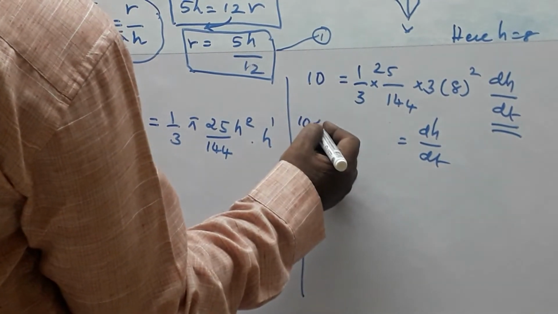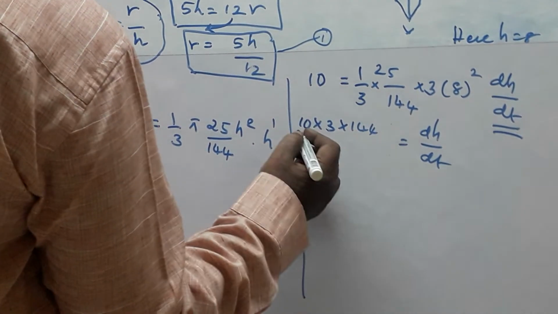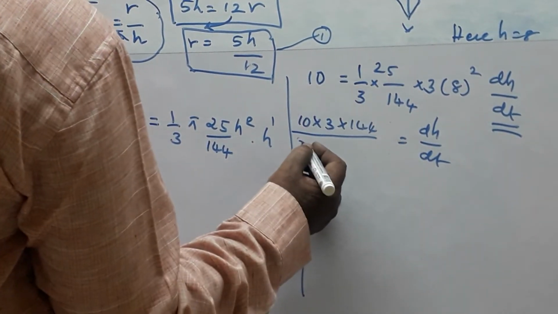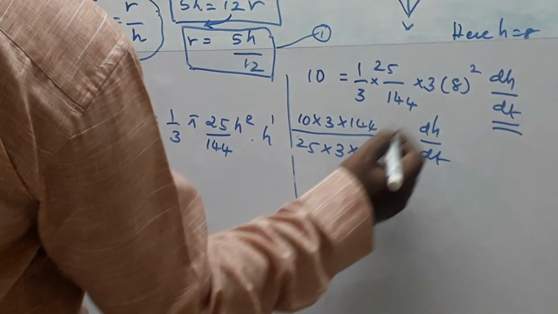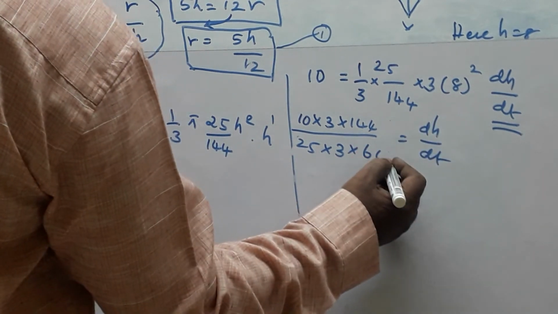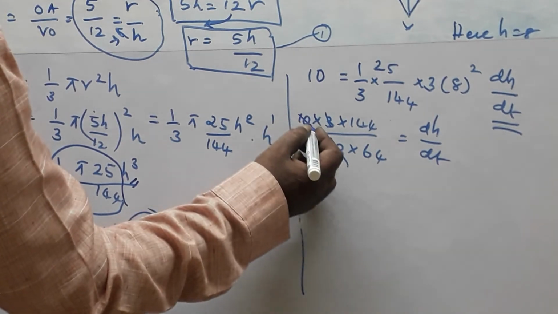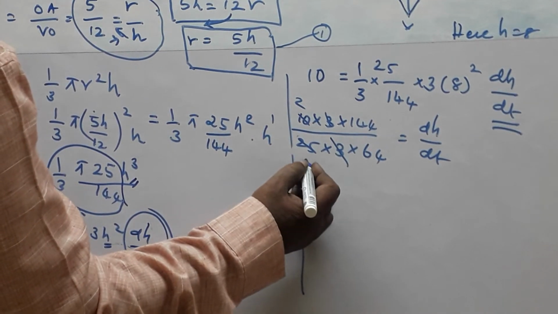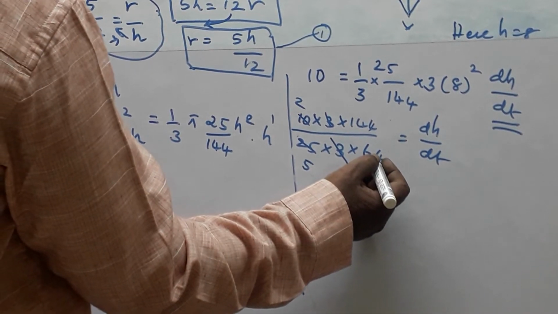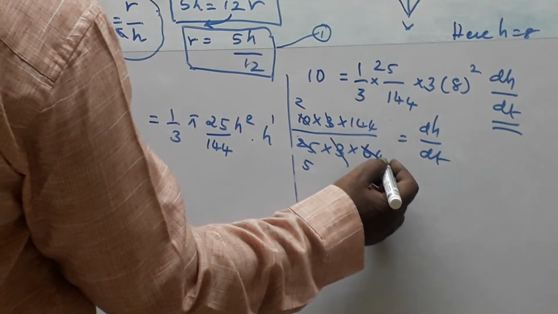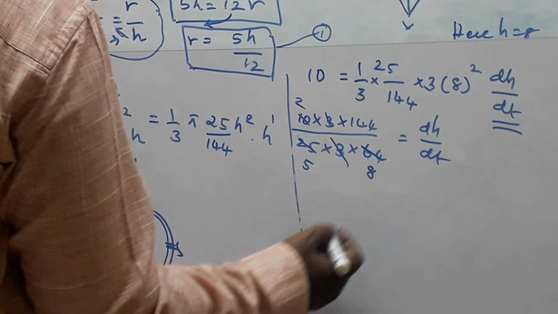10 multiplied by 3 into 144, divided by 25 into 3 into 8 square, 64. Okay, these 3s cancel, this is 2, this is 5. Now divide by 8. 8 eights are 64.